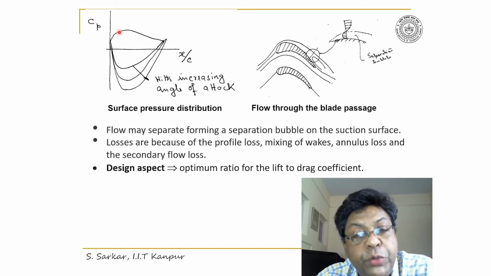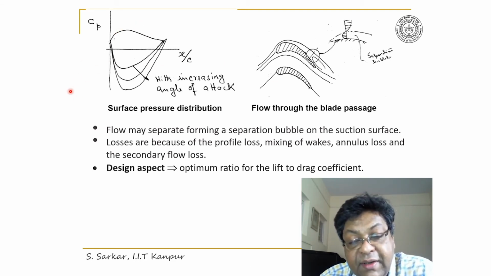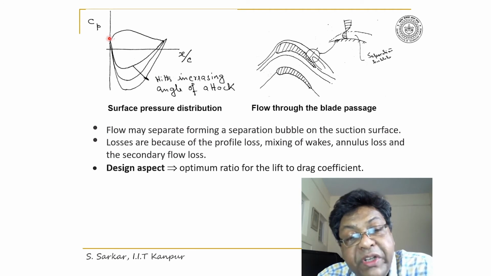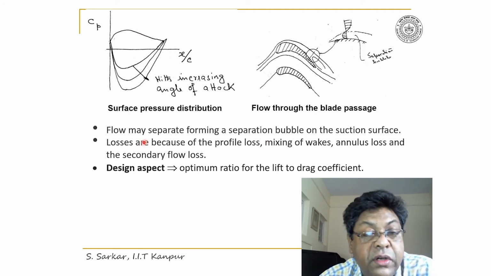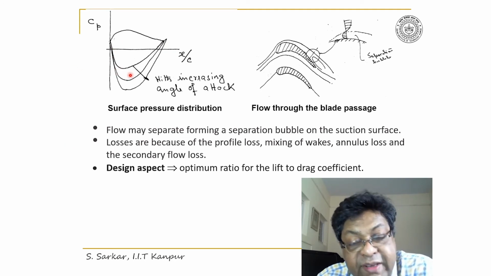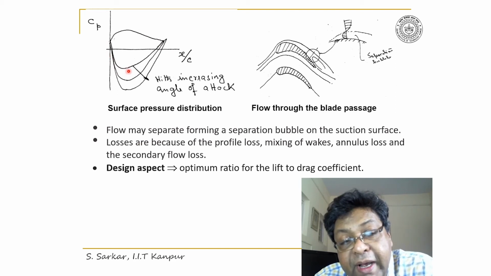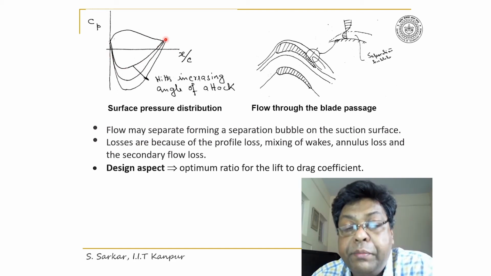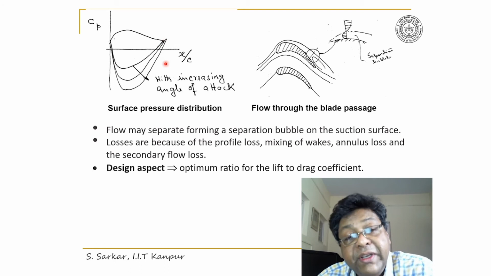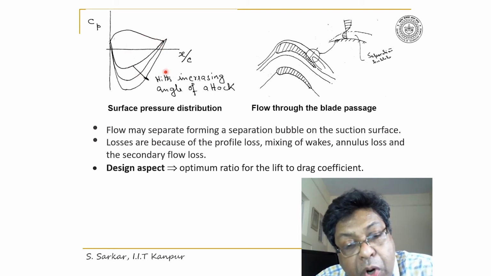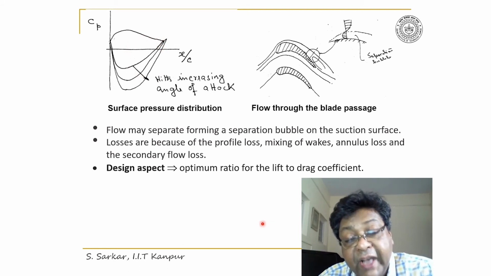From the pressure distribution, one can appreciate that flow decelerates on the pressure surface while the flow accelerates in the first half of the blade and then diffuses in the second half of the blade. Therefore, the second half of the blade experiences an adverse pressure gradient.